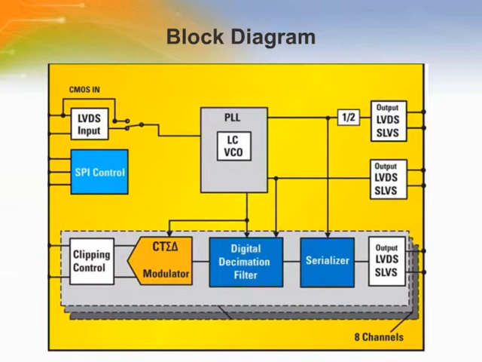Here's the simplified block diagram of the ADC12EU050. The major signal path blocks are clipping control, CT sigma delta modulator, digital decimation filter, 12-bit serializer, and finally the LVDS/SLVS outputs.